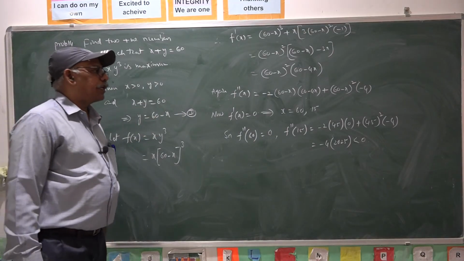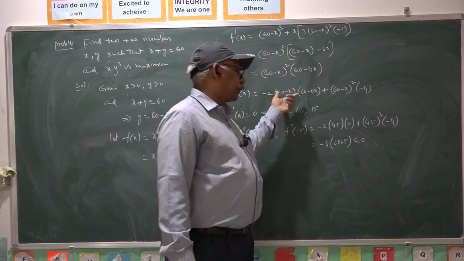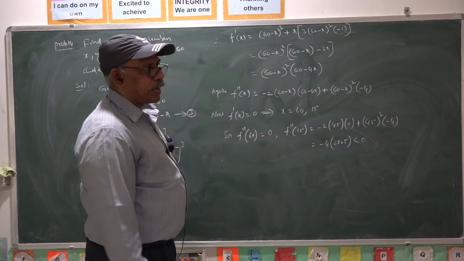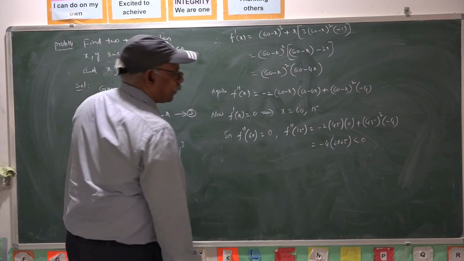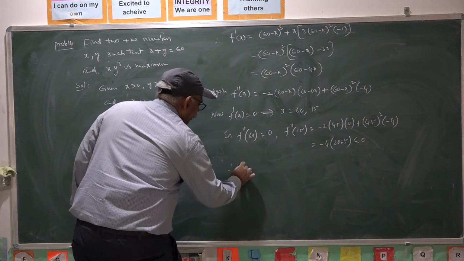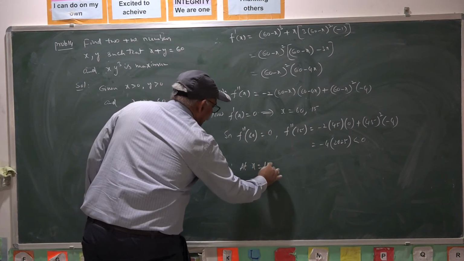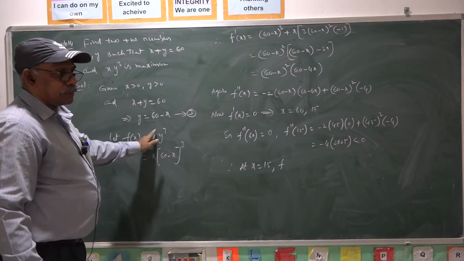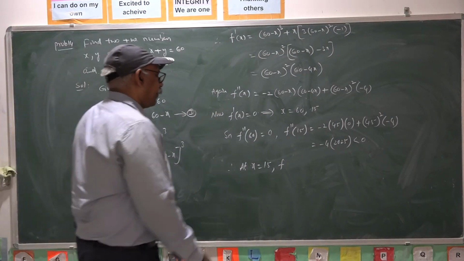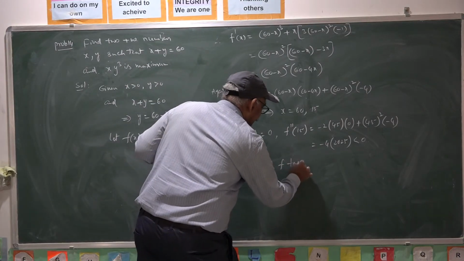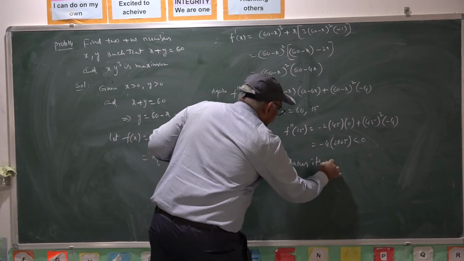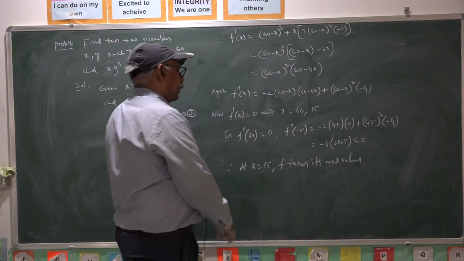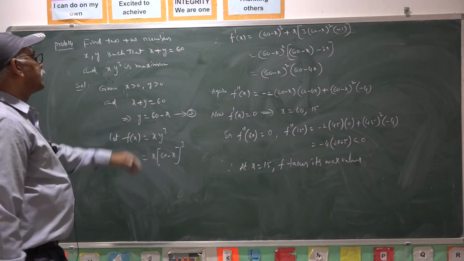But at x equal to 15, the first derivative is 0 and the second derivative is negative, hence it takes its maximum at x equal to 15. Therefore f takes its maximum value.